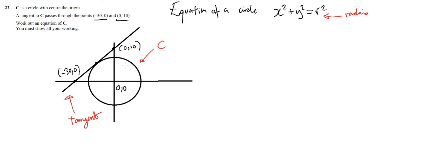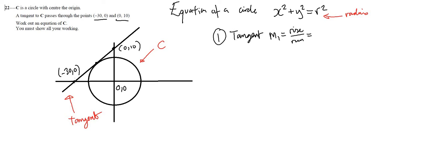Now we're going to work out an equation for this. So first of all, let's look at the tangent. So it goes from here to here. So can we work out the gradient? So gradient, we know, is rise over run.